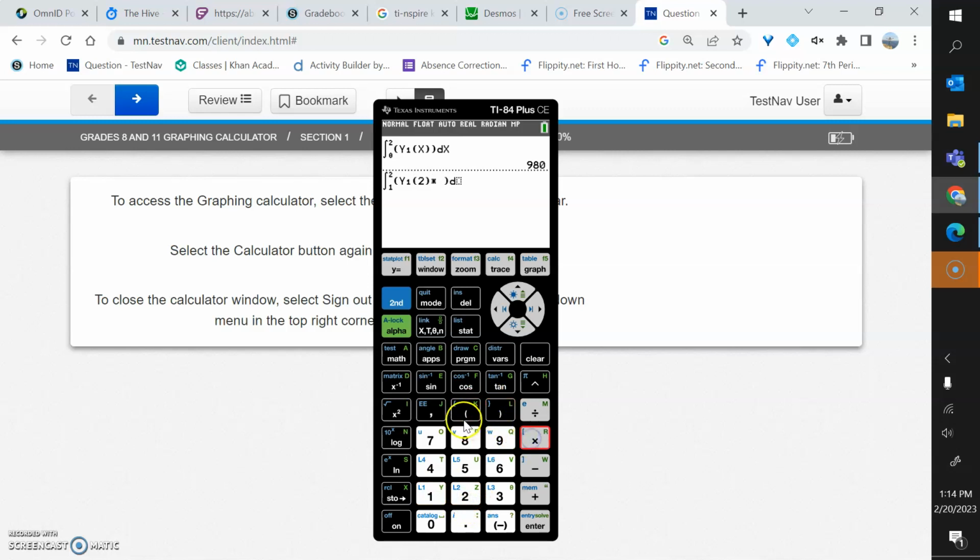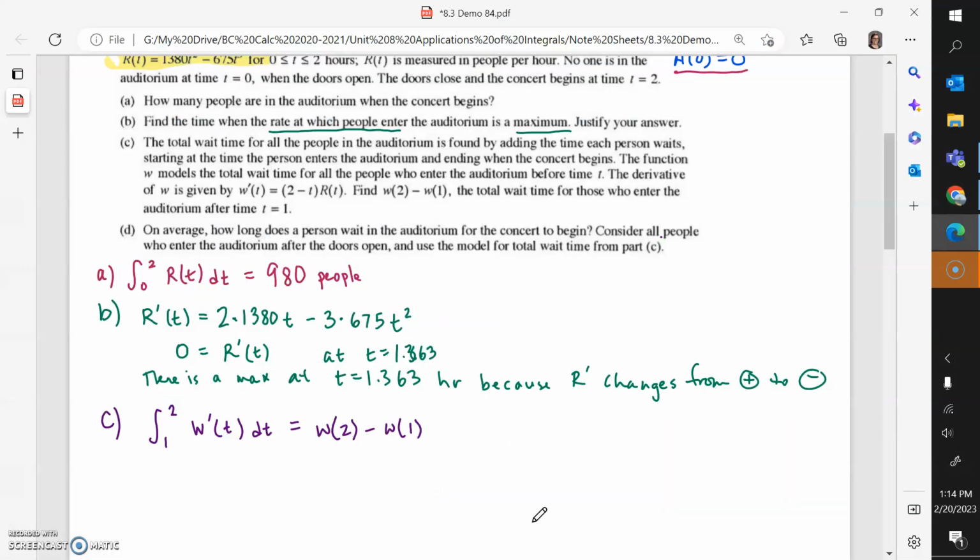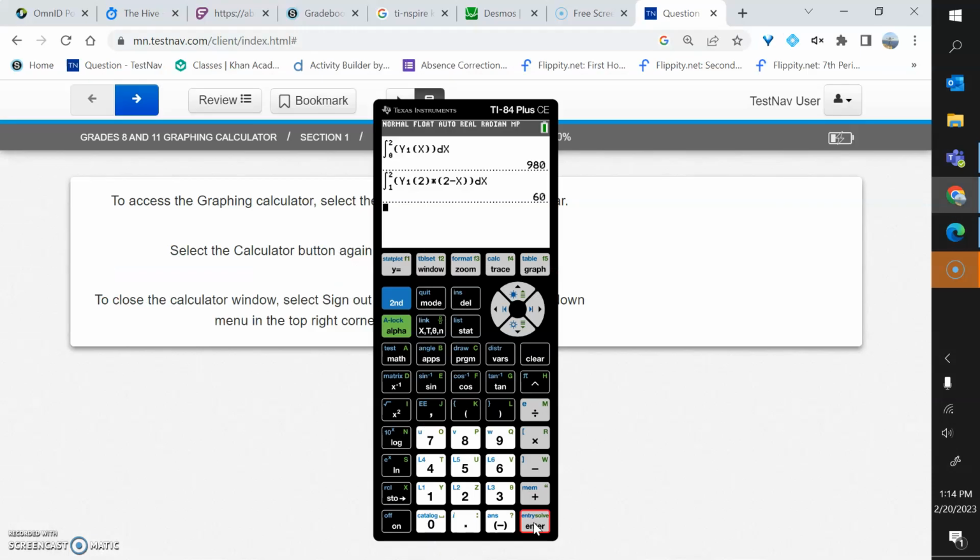And then we want to multiply that times 2 minus x, because that's what they gave us in this problem as the definition of W prime. And I typed it in wrong because I put a 2 instead of an x. I don't know if you see that. So I'm going to go ahead and fix that.